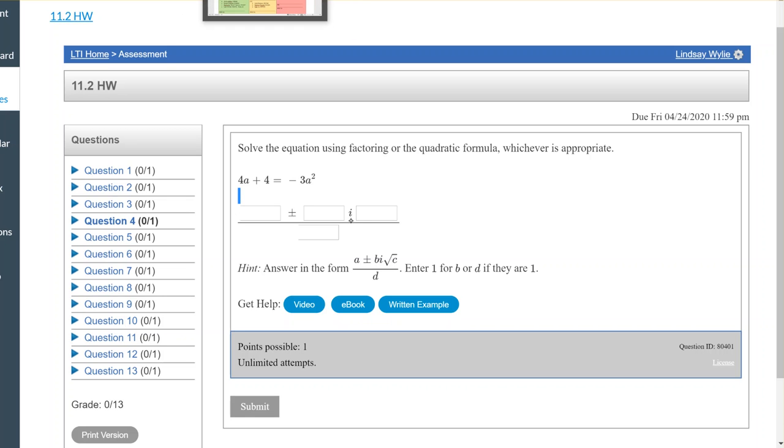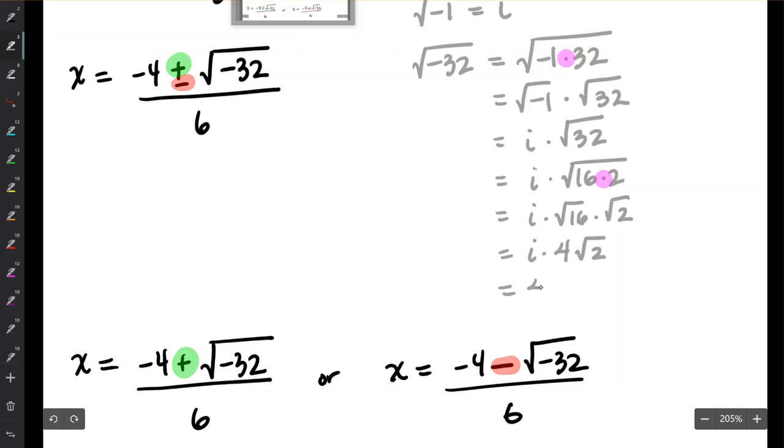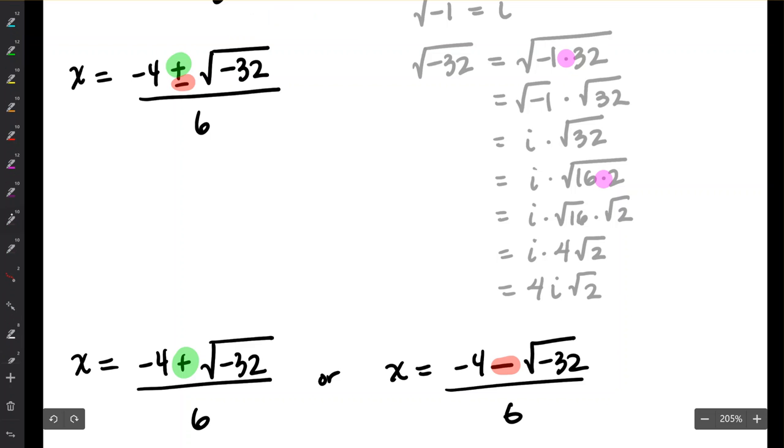Do you see how they've typed the i for me? So 4i times the square root of 2. Right, that's that nasty piece right here. The square root of -32 ended up being 4i times the square root of 2.